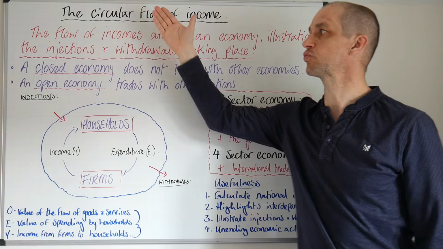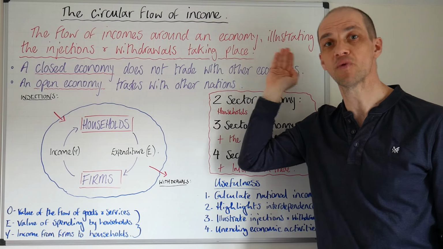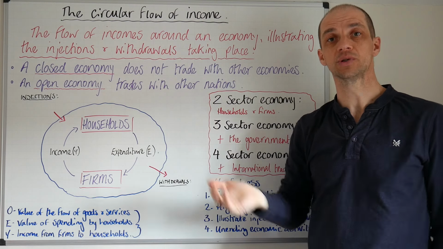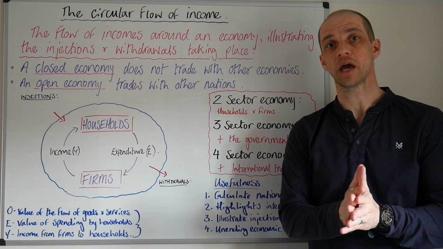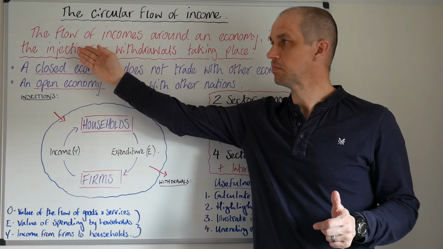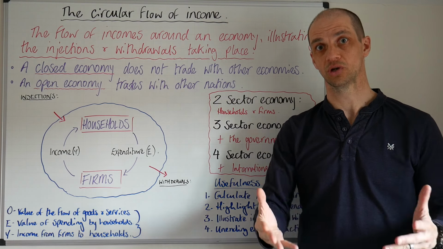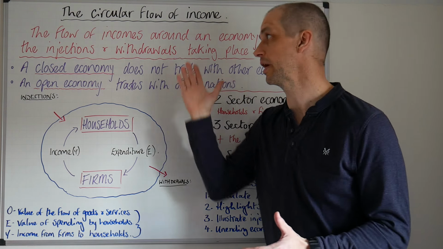Okay, so this represents the flow of incomes around an economy, illustrating injections and withdrawals taking place. Okay, so it highlights money coming into the economy as well as money leaving the actual circular flow of income here.